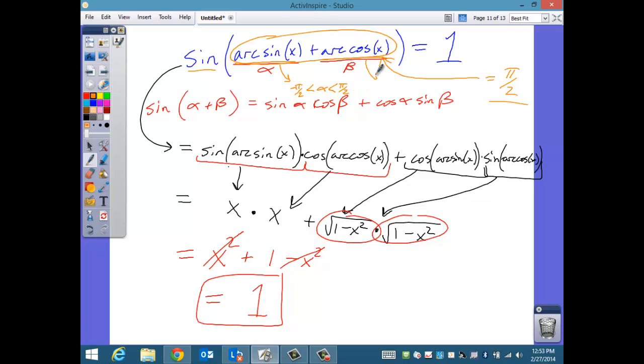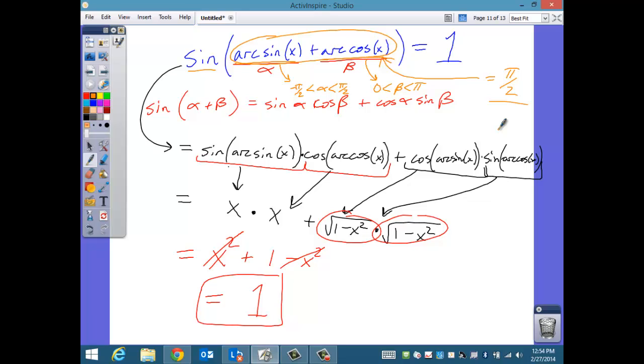And our arccosine only gives you angles between 0 and pi. So the only way for us to take something from here and something from there and add them together and get something that's going to have a sine of 1 is if that thing is pi over 2, right? Nothing else is going to do it. So that's the only thing that's going to work.